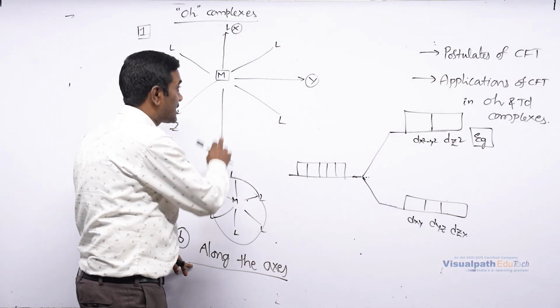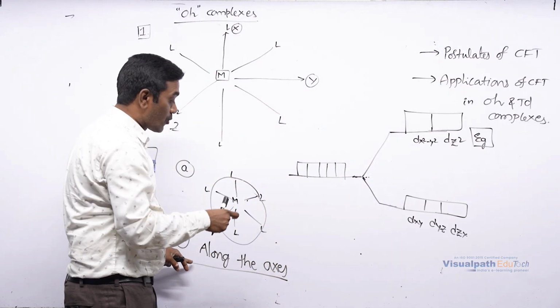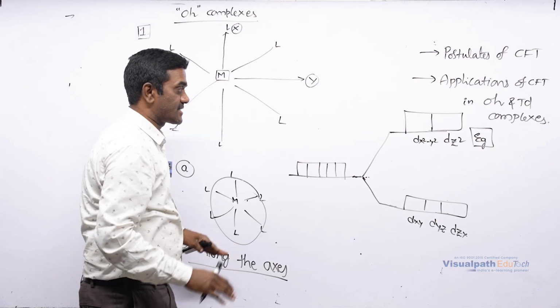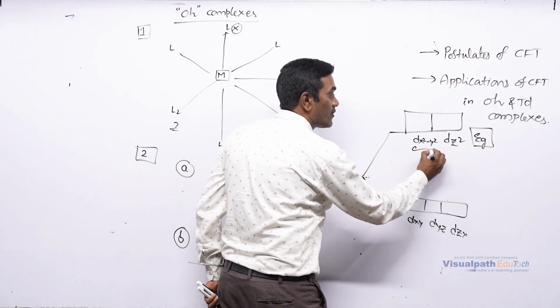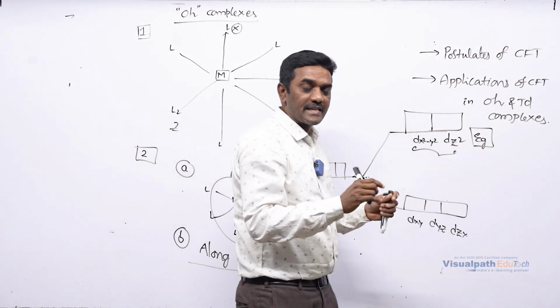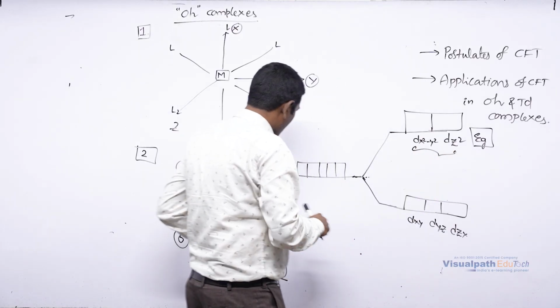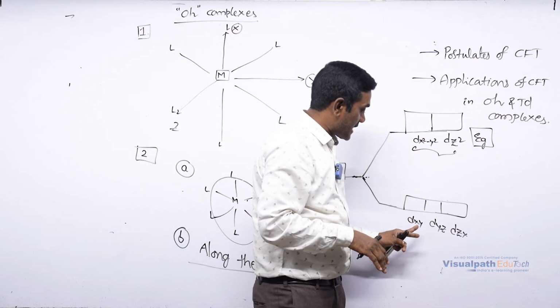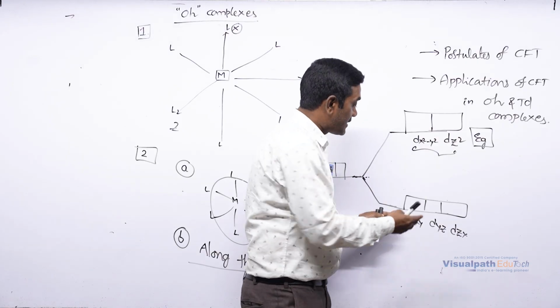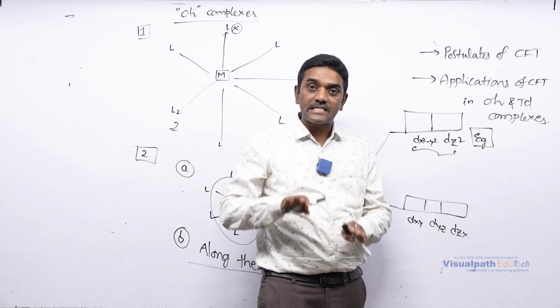How did this splitting happen? Because I already explained that the ligand approaches the metal ion along the axis. Whichever lobes are present along the axis, that means dx square minus y square and dz square, experience more repulsion. Whoever's lobes are between the axis, that is dxy, dyz, dzx, experience less repulsion.